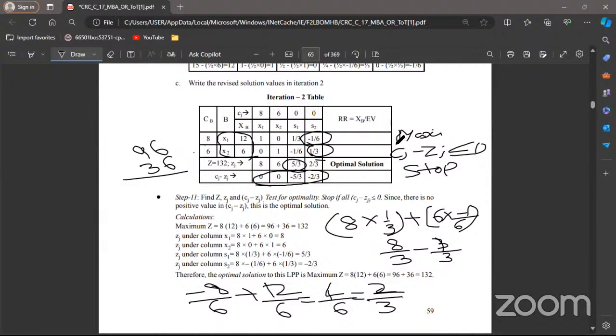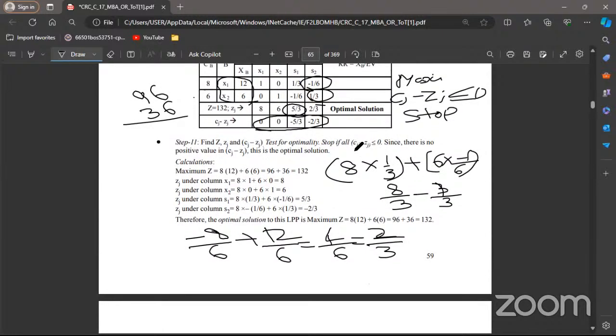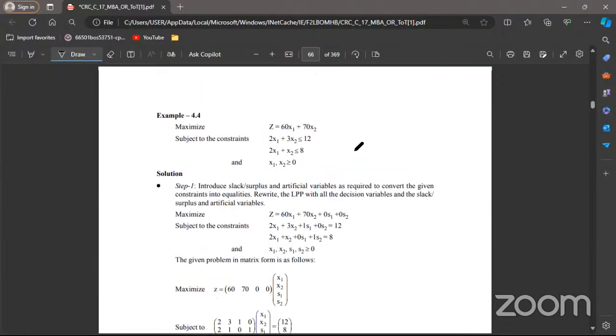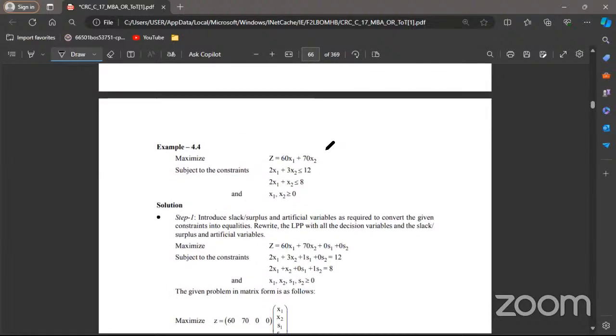Shall we move to the next problem? So now, in this problem all the constraints were less than or equal to constraints. Here, can you tell me the change in the problem? First let us change the constraints. 2x1 plus 3x2 plus s1 is equal to 12.